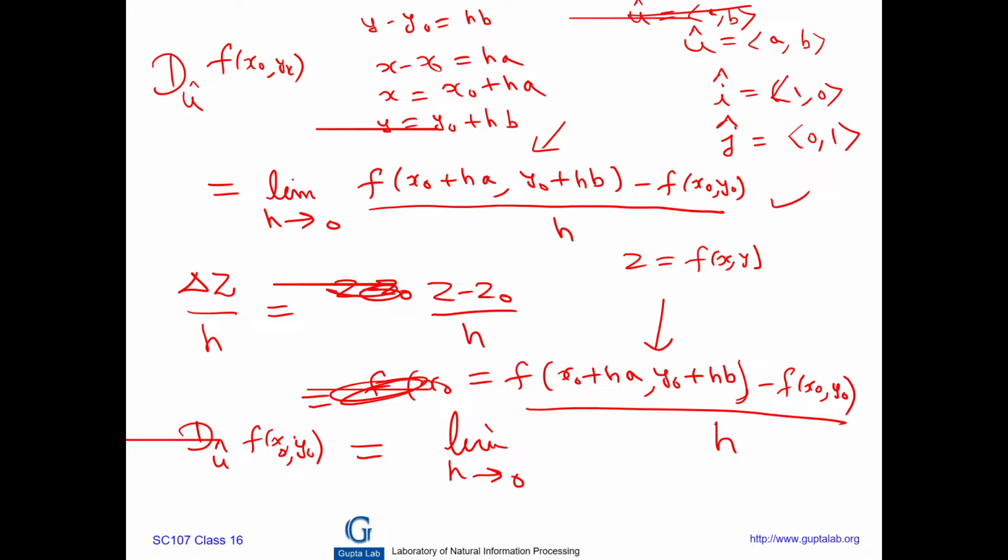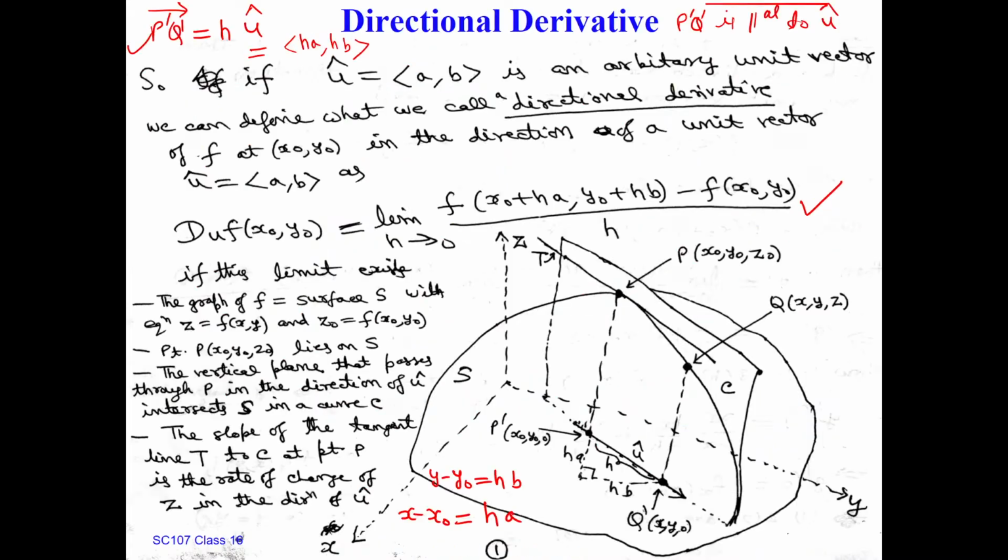So if you go to the xy plane, I can again show you the picture, right? So you know this line is actually in the same direction as the unit vector u, right?